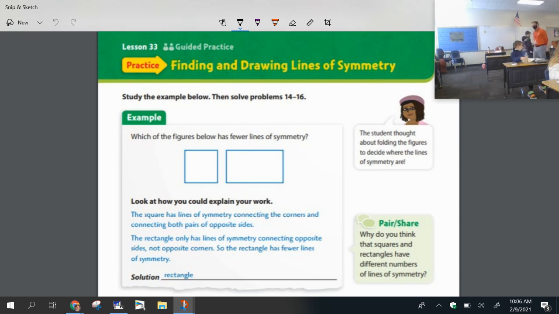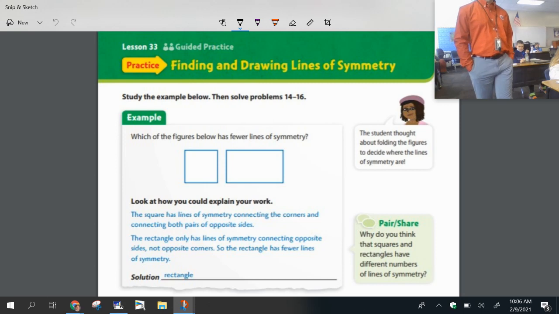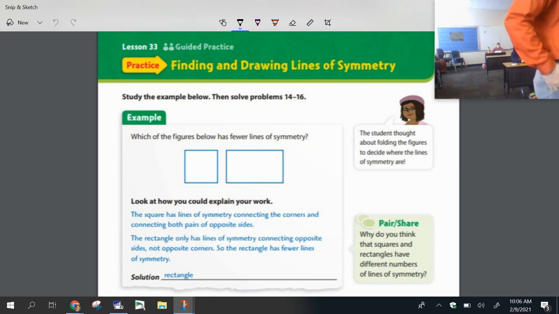But the square, you can go corner to corner, where the rectangle, you may not go corner to corner. So how they answer the question, that's how you should answer the question if you were asked this question. The square has lines of symmetry connecting the corners and pairs of opposite sides.